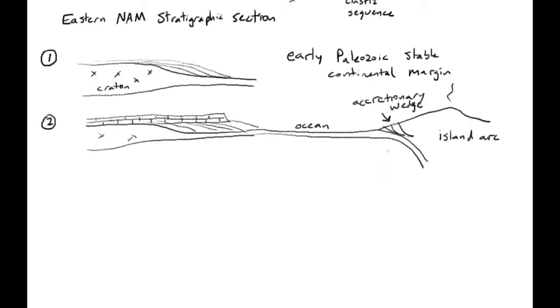So an accretionary wedge is just, as the subduction occurs, some of the sediments get scraped off, and you get this kind of wedge-shaped mess of sediments. And you could say paleo environment, like present-day Florida.